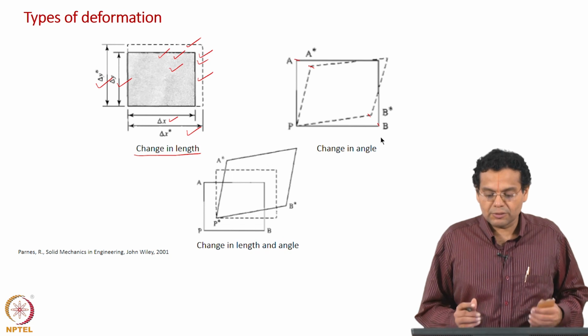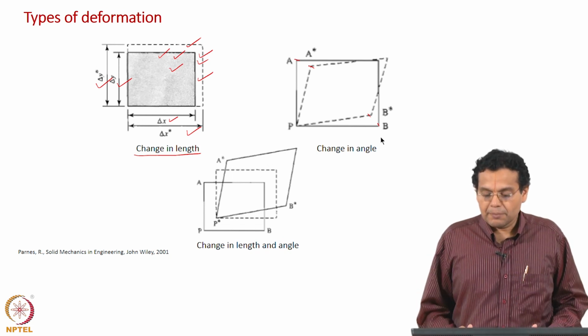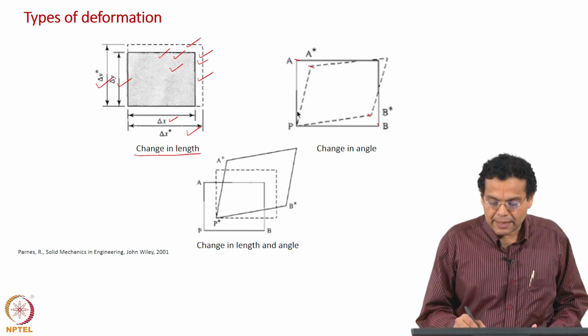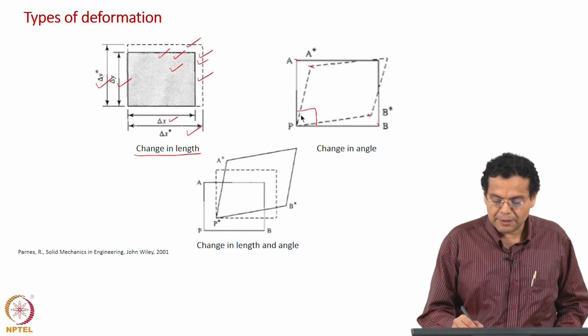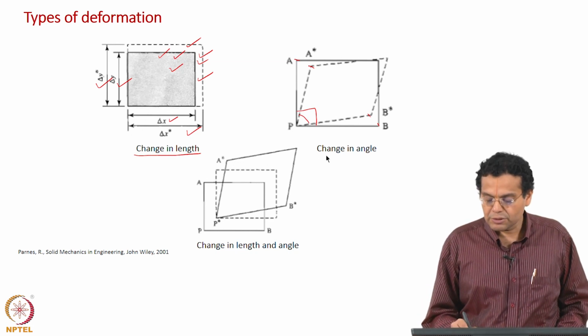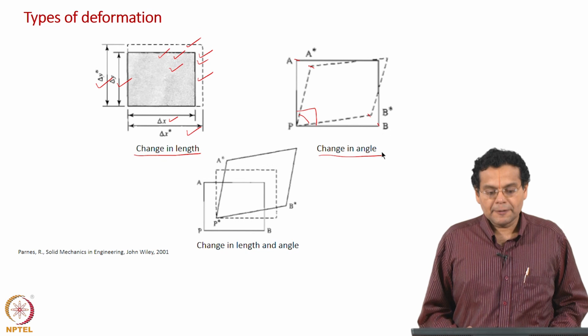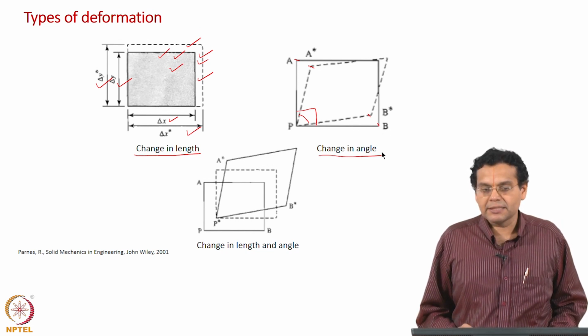So there is no change in length, but the angle between PA and PB was 90 degrees. Now that angle has reduced and become an acute angle. So this is also called a deformation, the second type of deformation, namely change in angle.